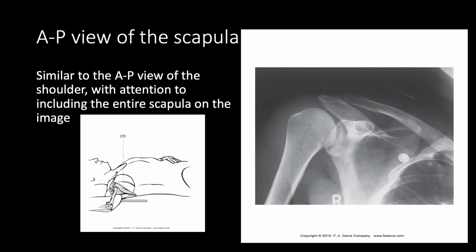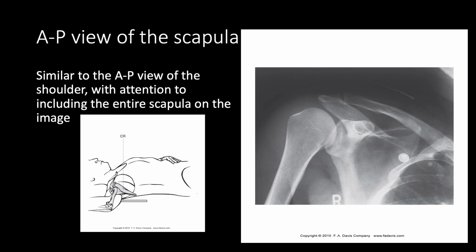And then you can look at an AP view of the scapula. So it's more focused on the scapula, so we want to make sure that scapula is in the picture here. Here it's gotten cut off down here at the inferior angle a little bit, but really looking for fractures is a little more difficult to see for these type of individuals because you have other structures in the way.